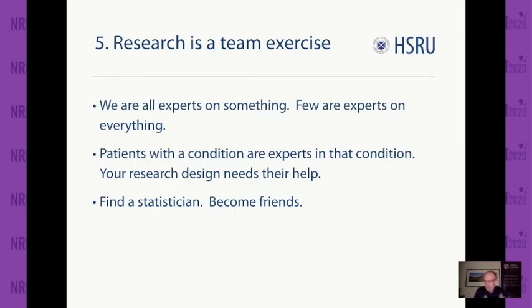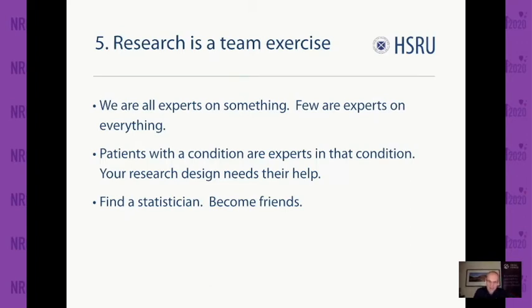And find a statistician, find Greg, become friends, and involve them from start to finish, so that you don't, at the end, try and present your half-baked set of data to a statistician and ask him or her or them to magic up some great piece of work. It's too late. So that statistician needs to be there from the very beginning.